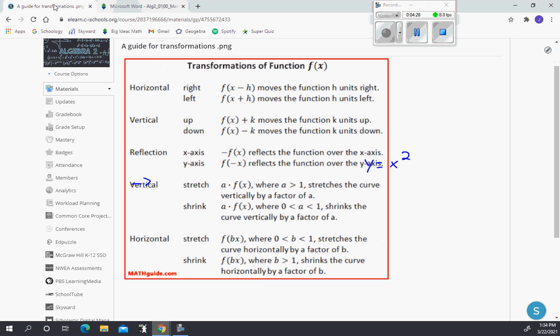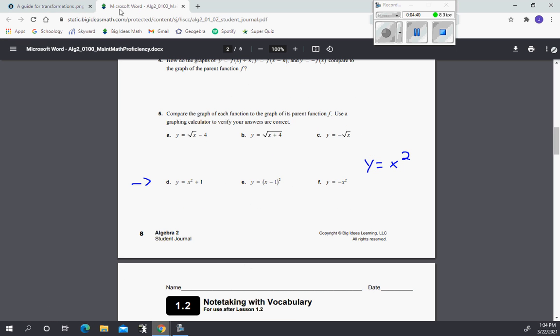That plus 1 is at the end. Looking at our cheat sheet here, our function plus 1, how does that move it? Everyone should look right here and go, oh, that moves it up. Up 1 unit.